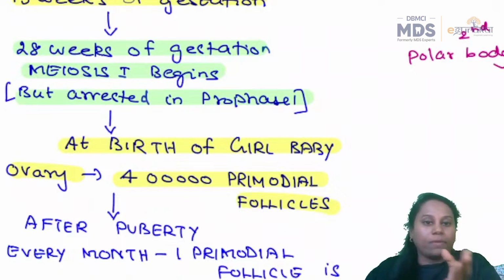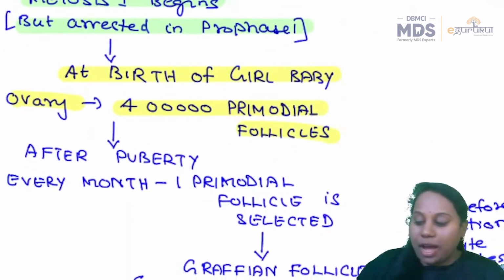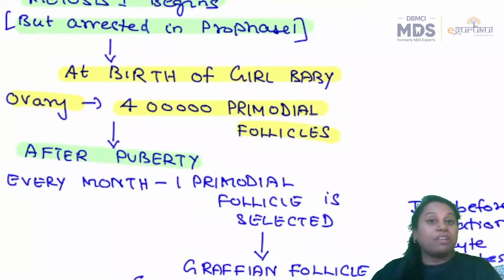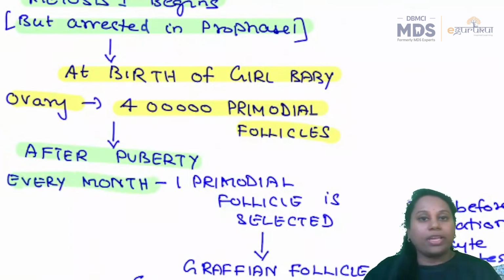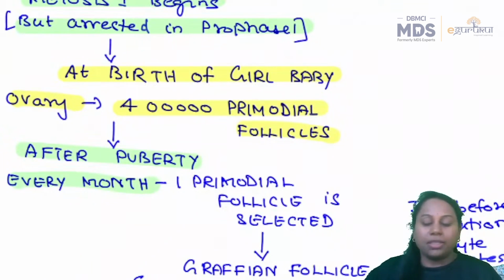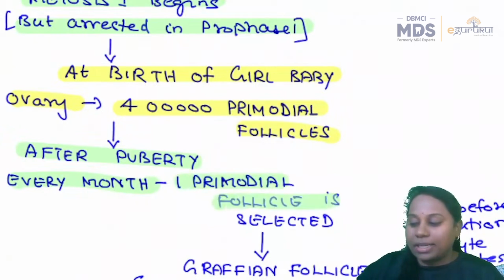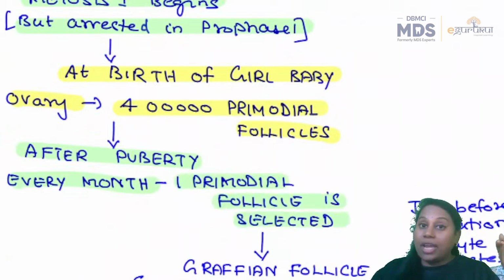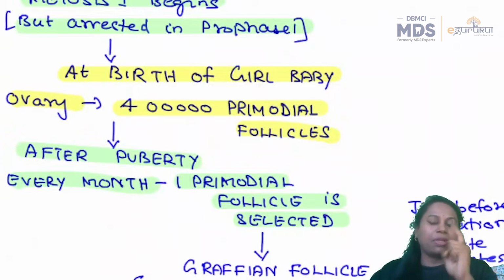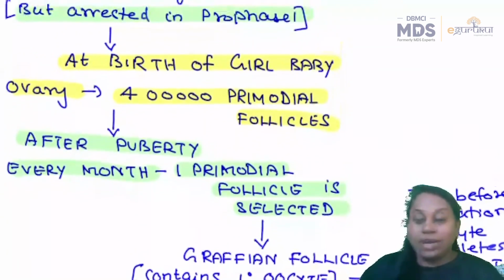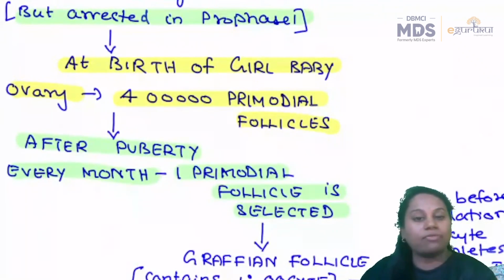Now the baby is growing and reaches puberty. After puberty, every month the girl is going to have a menstrual cycle. During every menstrual cycle, one primordial follicle is selected from those 4 lakh primordial follicles. What is the fate of that selected primordial follicle?